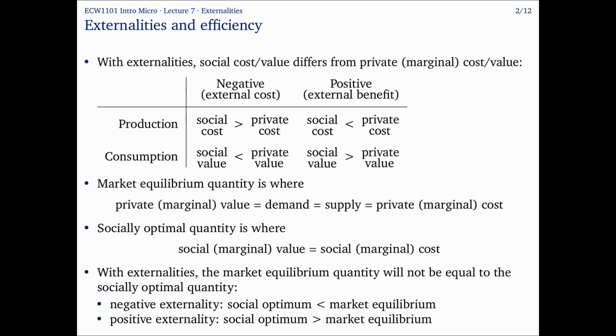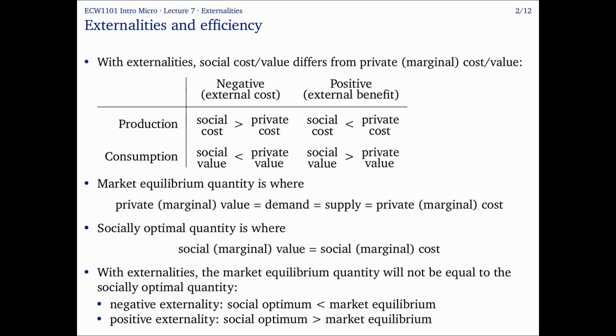So the problem with externalities is that the value or benefit to society of something, or the cost of some activity to society, differs from the private value to individuals who make those decisions, and the private costs to the individuals who make the decisions.